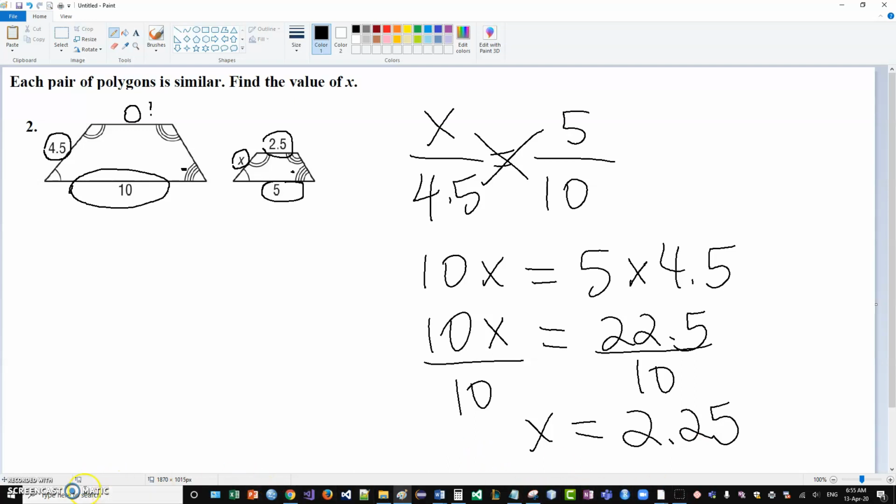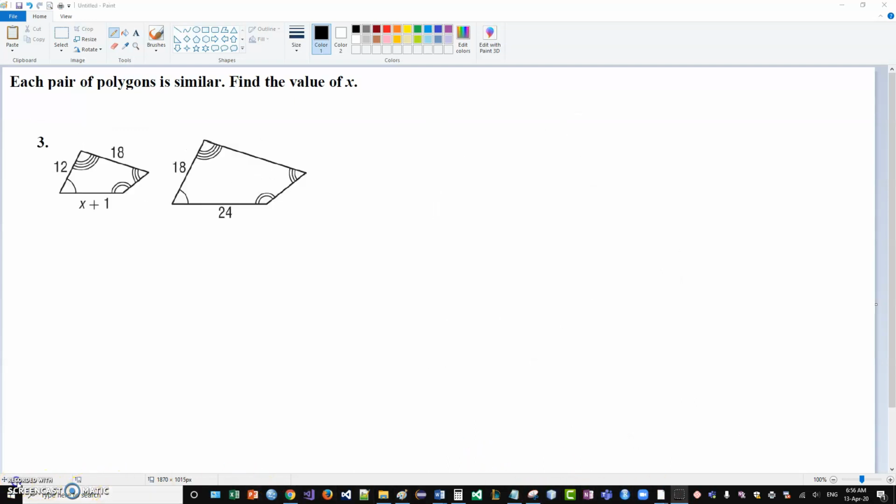Let's move on to another exercise. For this pair of similar polygons, we need to find the value of x. Let's identify, first of all, the two corresponding sides. x plus 1 is opposite to the angle with the 4 arcs, which is this one.